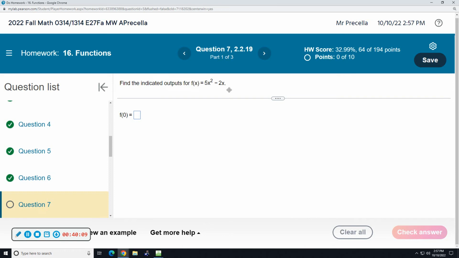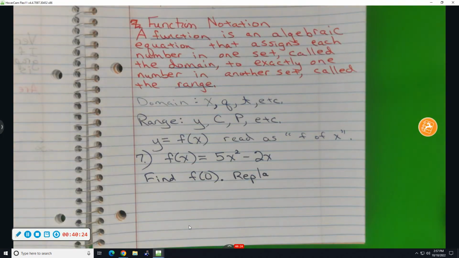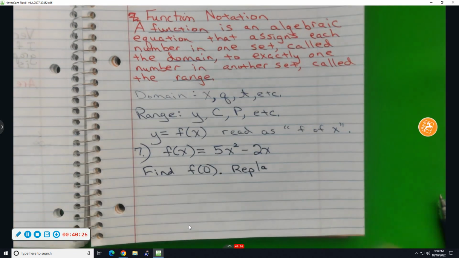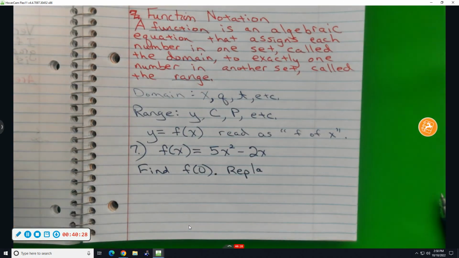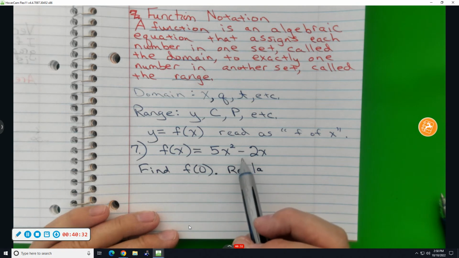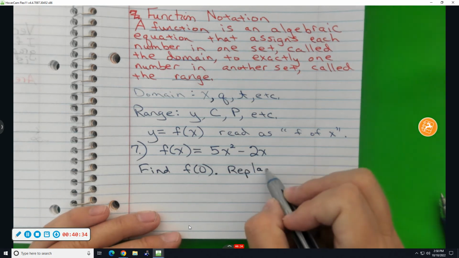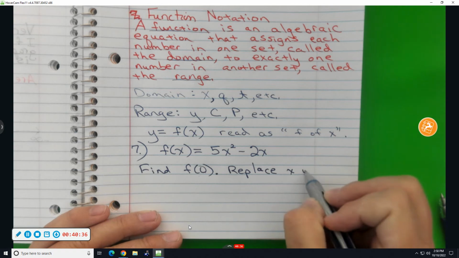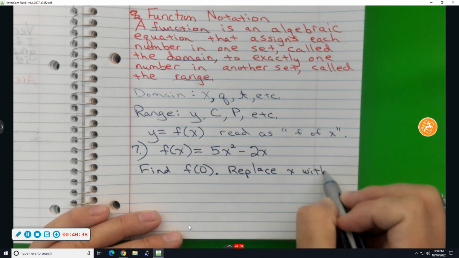That's telling you, go to your function f, and wherever you see an x, replace it with 0. So we want to find f of 0. Here's our new function. That's saying replace x with 0.